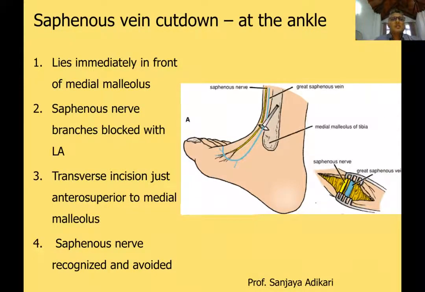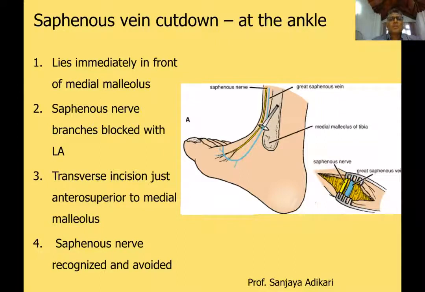Then saphenous vein cut down at the ankle. You may be more familiar with these things than myself. Now, for whatever reason you want to cut down the great saphenous vein at the ankle, it is on the medial side in front of the medial malleolus.